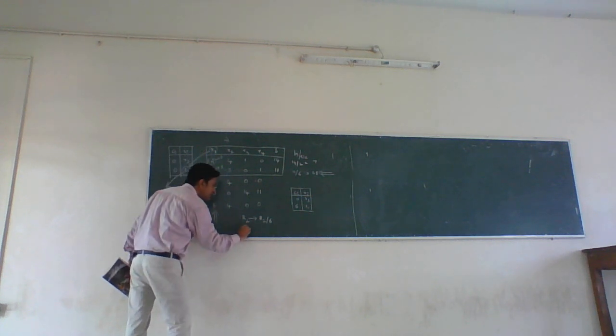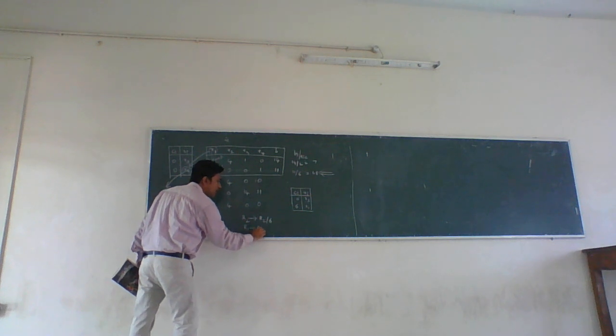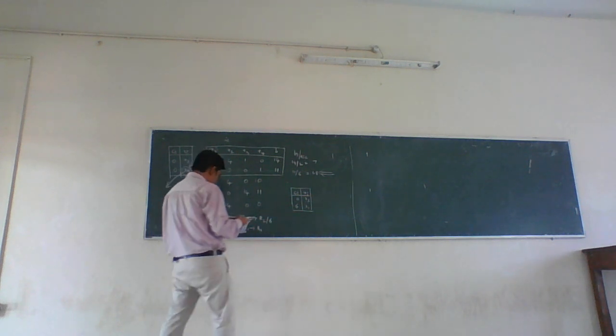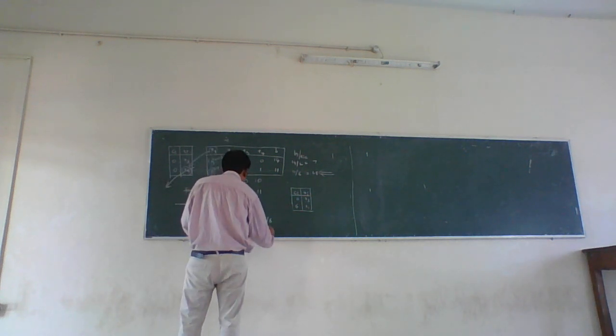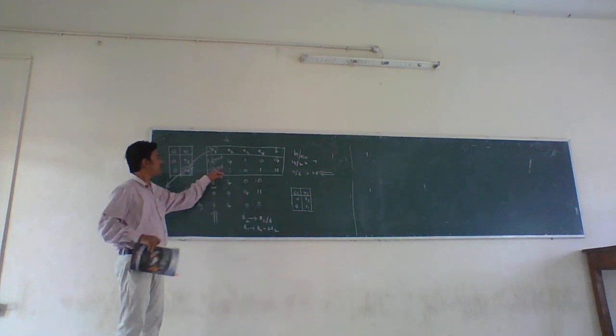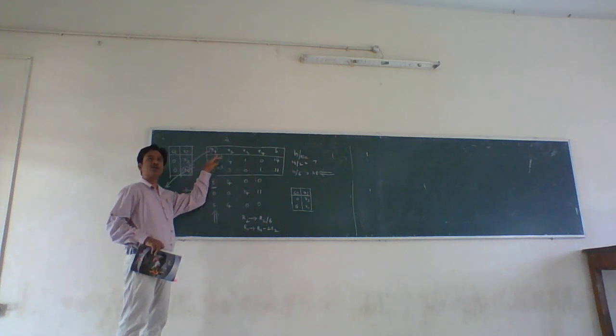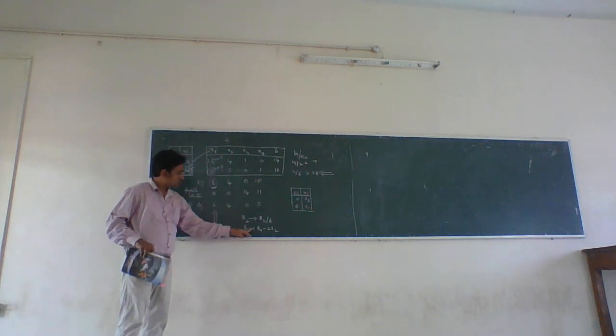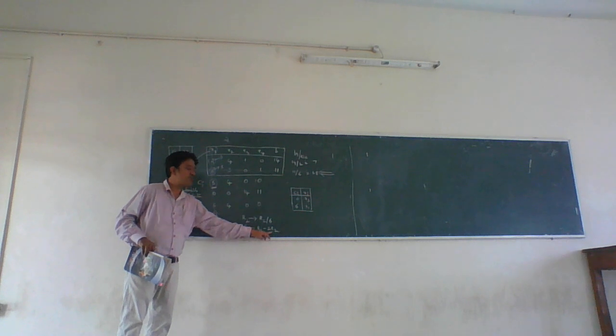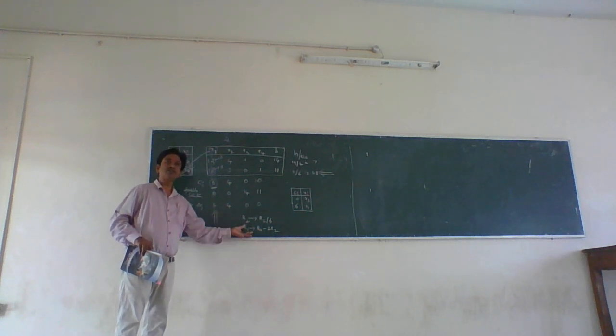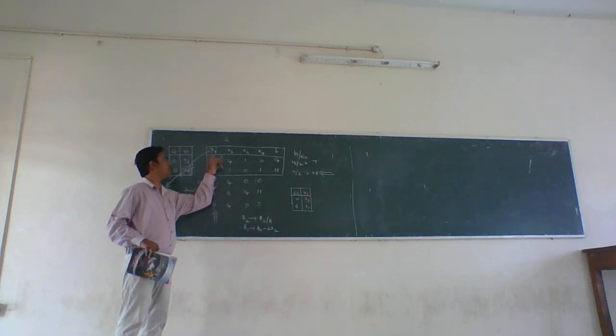Now R1 is equal to R1 minus 2R2. Because this has become 1, and this is already 2, so 2 has to become 0. How does 2 have to become 0? 2 minus 2 times 1. So R1 becomes R1 minus 2R2. If I do this manipulation, this will become 1, this will become 0.